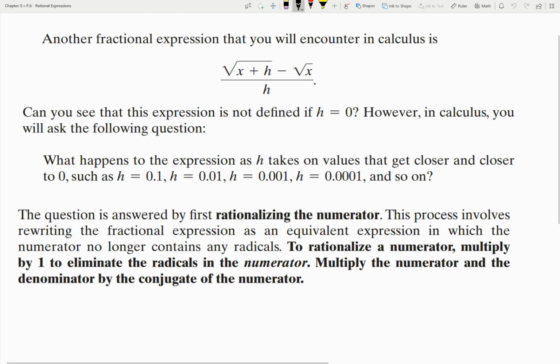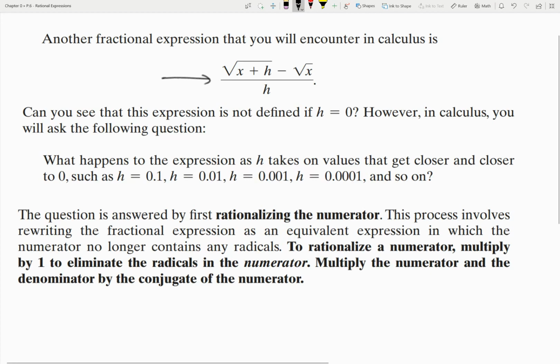So when you're in a form with something that can't be equal to 0 in the denominator, it might be helpful to put it into a different form. And now we can use a technique called rationalizing the numerator. Usually you don't want to do that, but again, in calculus, you might want to.